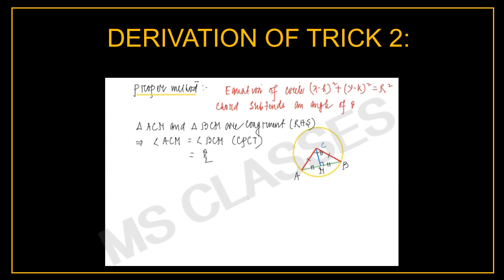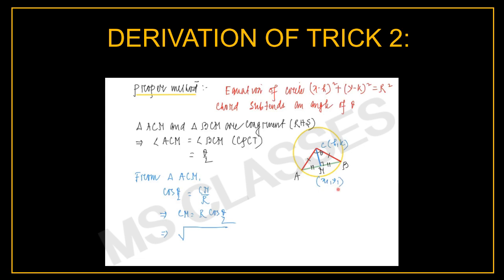Now we know AC and BC is radius, which is R. Now we focus on the triangle. From triangle ACM, we say cos theta by 2 equal to CM by R. Now from this, CM equal to R cos theta by 2. Now what is CM? Distance formula we can apply here. Center is H comma K, and the point M we take as x1 comma y1, that is any arbitrary point we have taken.